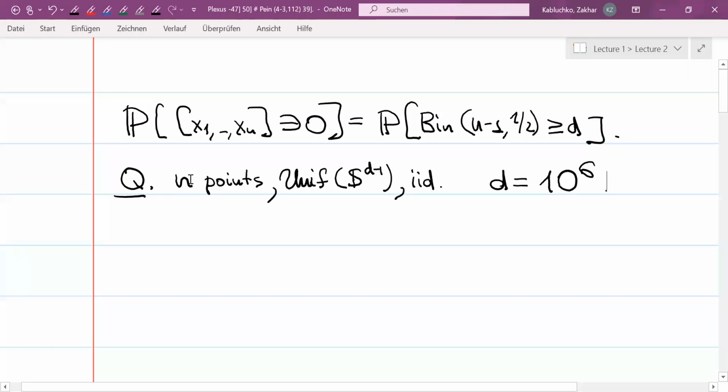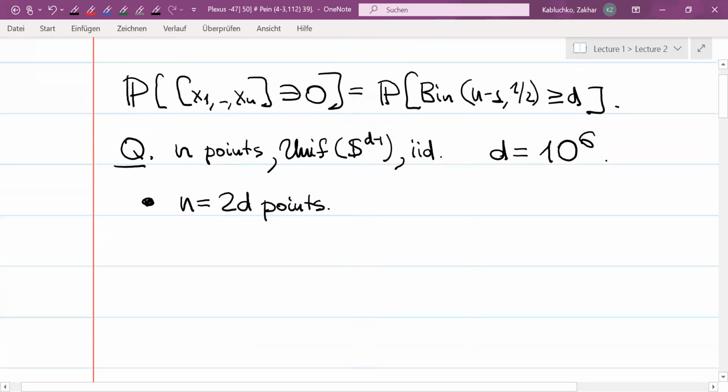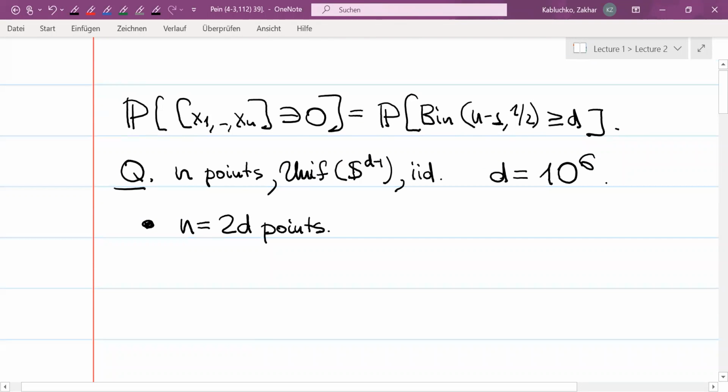And the number of points is also very large. And now suppose I choose here n equals 2d points. What is the probability that the convex hull of these points contains the origin? Approximately.